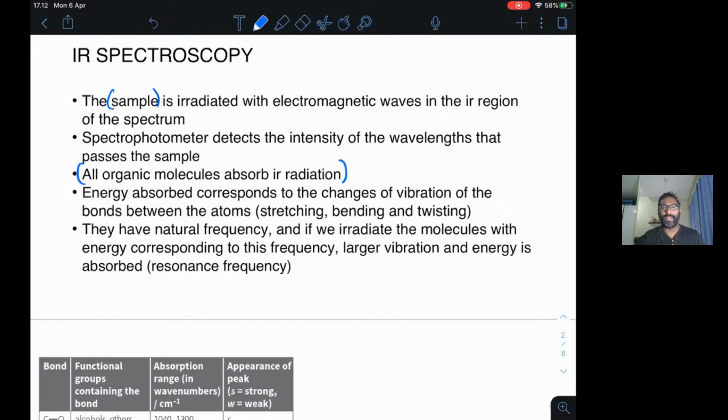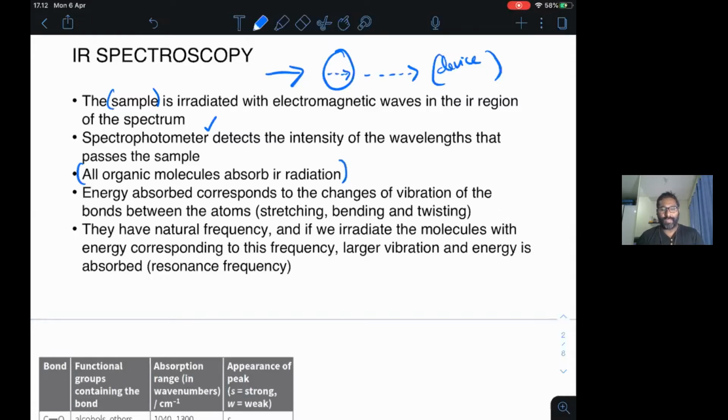If I have a compound and I put the electromagnetic wave over there, a certain part of the wave will be absorbed by the compound, and a certain part will remain unabsorbed. The part that is not absorbed will be detected by a device called a spectrophotometer. This spectrophotometer will detect the intensity of the wavelength that passes through the sample.